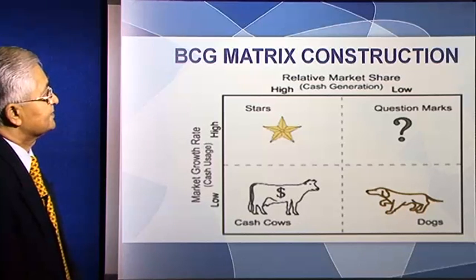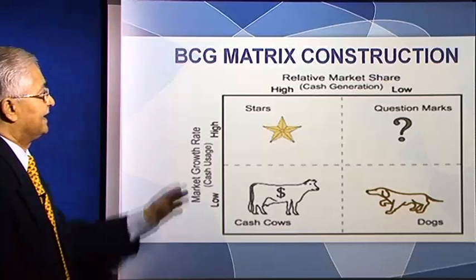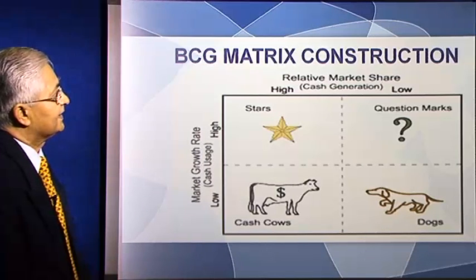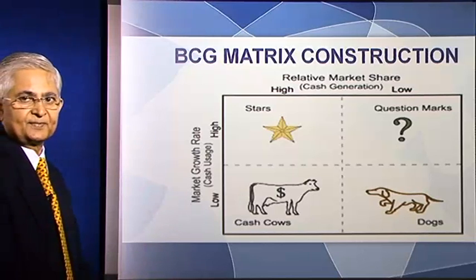Those businesses which have a high market share are put into the left hand squares, and those with a low market share are put into the right hand squares.